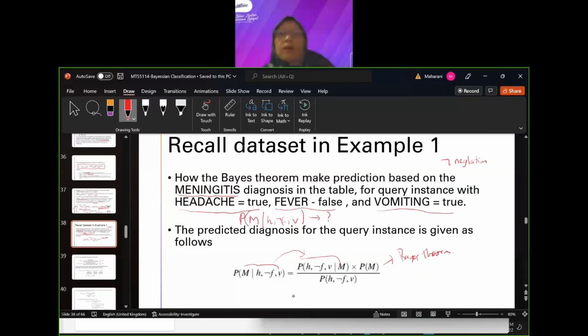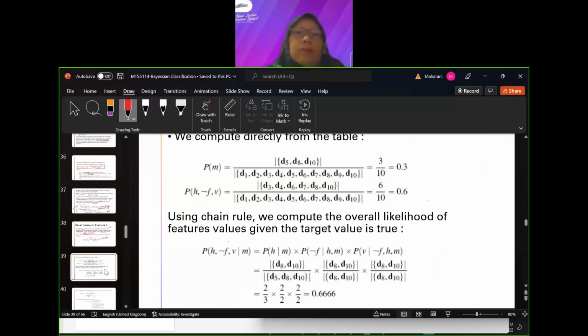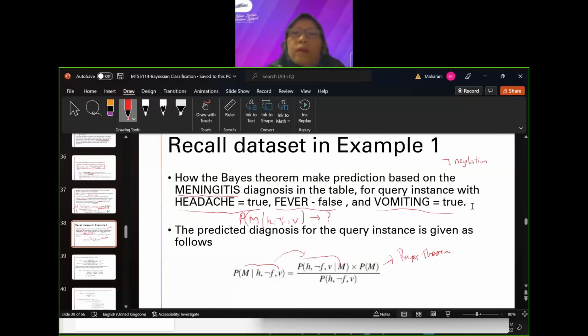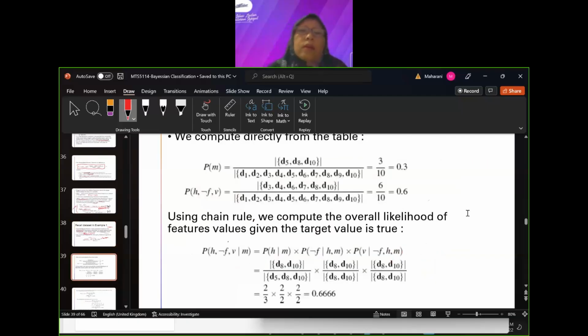Now we're going to evaluate one by one. From the table, we look at the probability of this first. This should be capital M, just to be consistent.